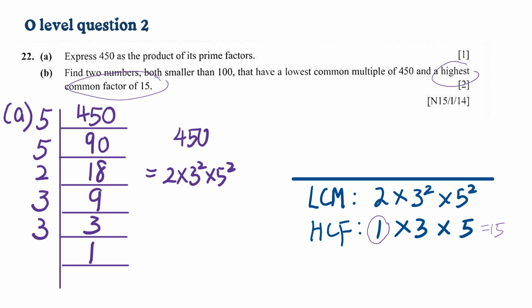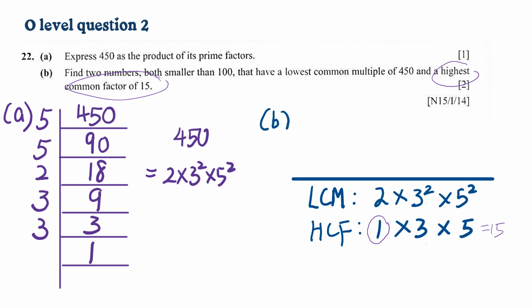One of the numbers must have a 2 and the other number must have a 1 to account for the LCM and the HCF. Likewise, one of them must have 3 squared, one must have 3, and one must have 5 squared, the other one must have 5. So it's just rearranging it such that both numbers must be less than 100.